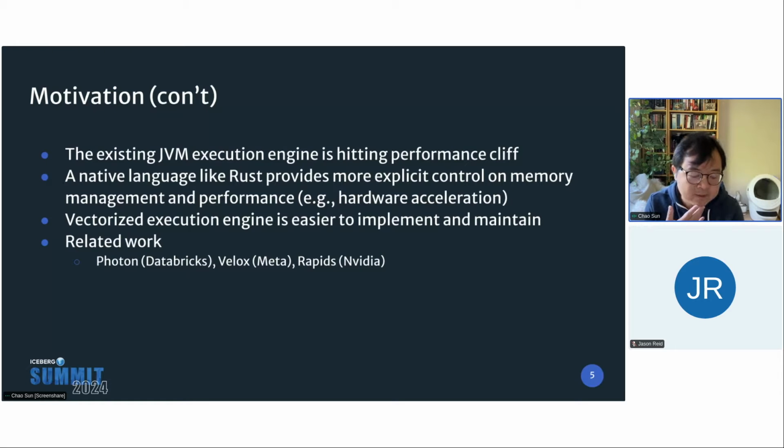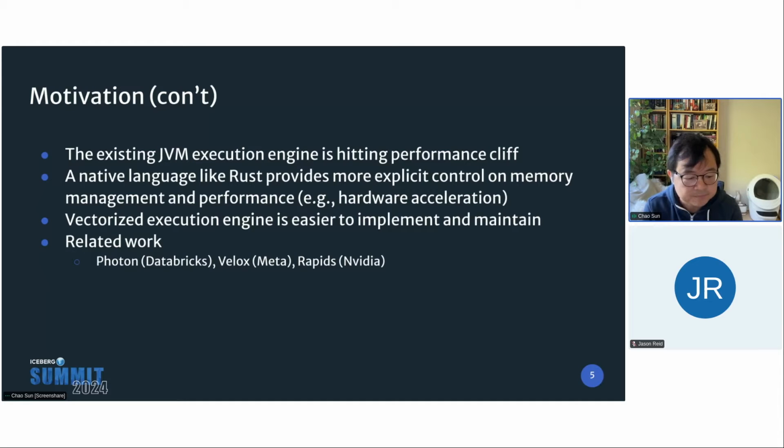Another question is why we don't make incremental improvements on top of existing Spark, instead of inventing something brand new. There are several reasons. The first is that the existing JVM execution engine is hitting its performance cliff, so it's really hard to improve it by 2x or 3x in the future.